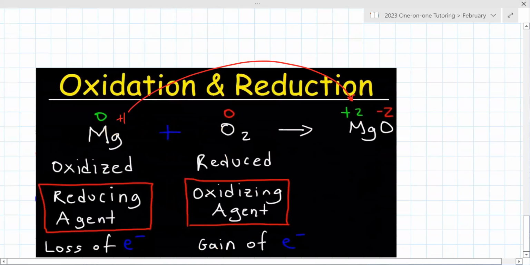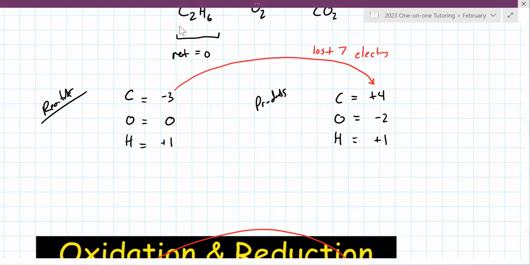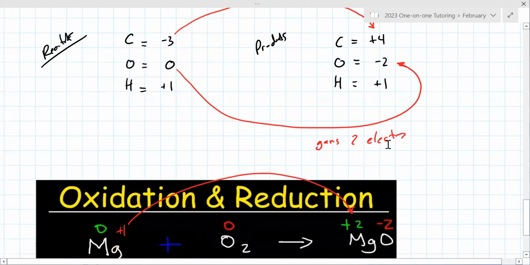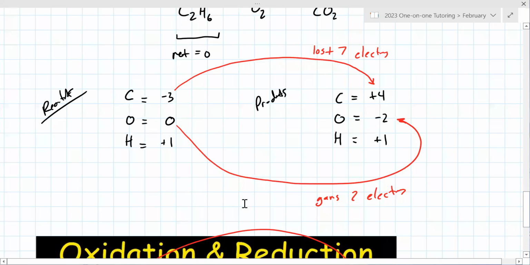That doesn't seem to make sense, but that's the way this goes. And then if it goes more negative, it gains an electron. So the O here gains 2 electrons. So based on this, the oxidizing agent is oxygen, and the carbon is the reducing agent.